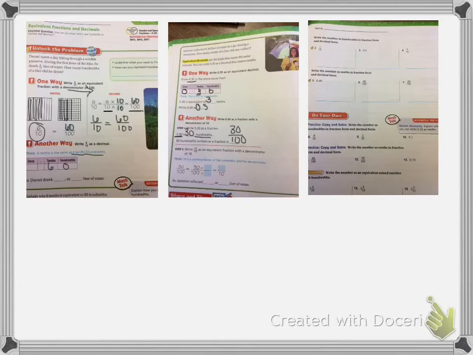If that division tricks your brain a little bit, you can also ask yourself, well, 10 times what would give me 100? Your answer there is 10. 10 times 10 gives me 100. So you're working the other direction.